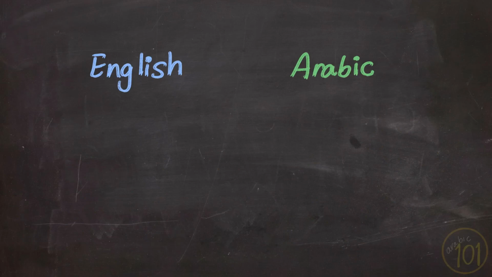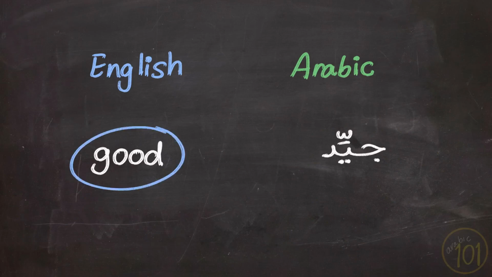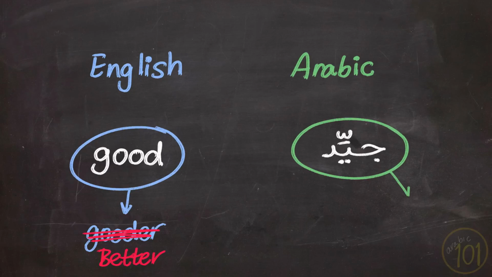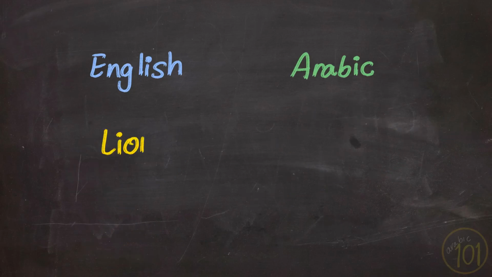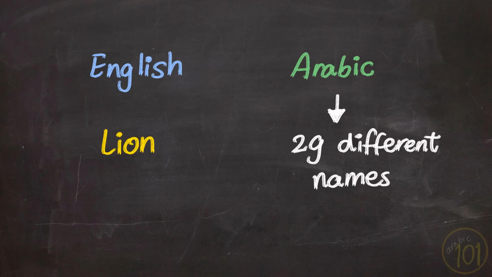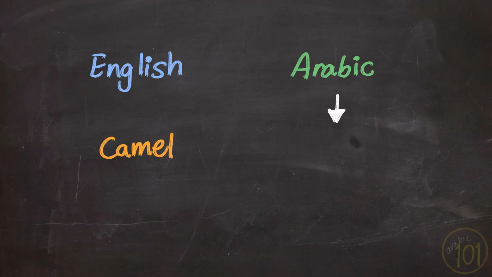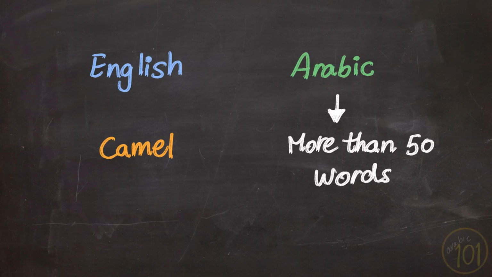Another two similar words are good and jayyid. Good can't even become gooder. It has to be better. But jayyid is ajada, yujidu, yajudu. You get the idea. So it is not surprising to then know that lion in Arabic has 29 different names, and camel has more than 50 different words in Arabic, which all then show how rich the origin can be.